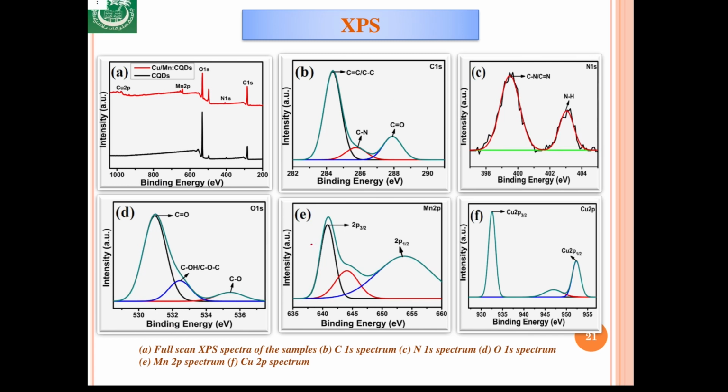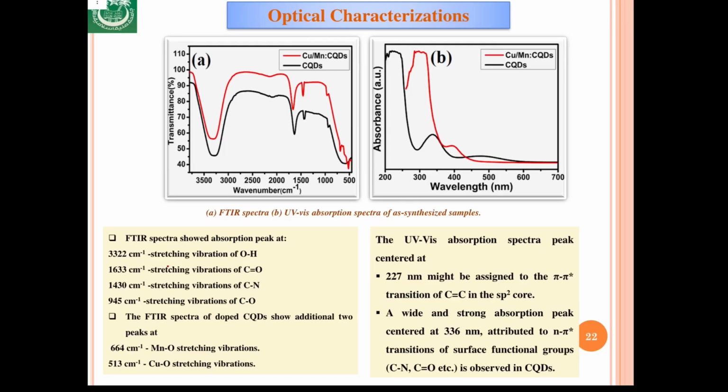The XPS spectra again revealed the presence of a number of functional groups which are very important for tuning the photoluminescence, as we will see in our photoluminescence spectra. The presence of these different functional groups like OH, C=O, C-N, amide group, and carbonyl group, etc., were reconfirmed with the FTIR spectrum.